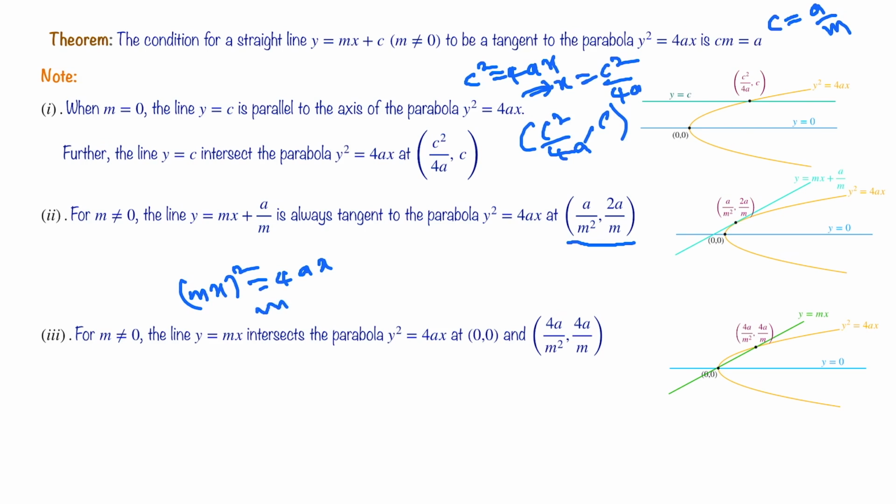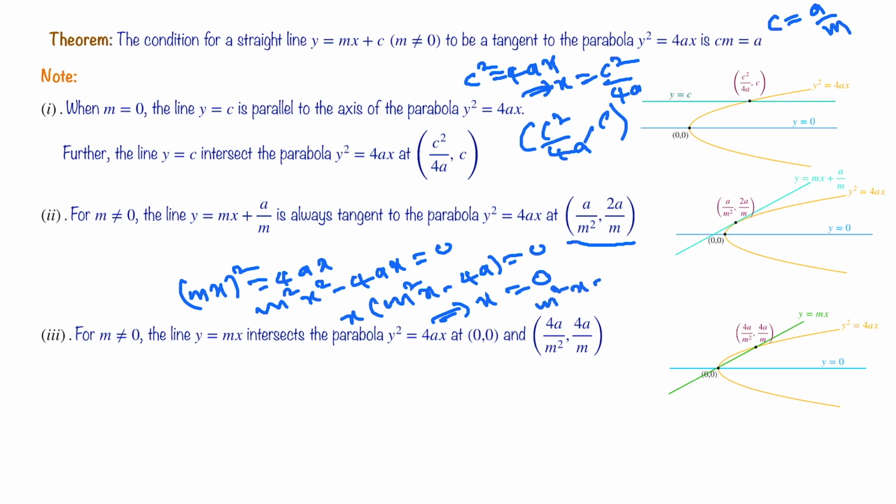We can write m square x square minus 4ax equal to 0. If you take x common, x times m square x minus 4a equal to 0. That means x equal to 0 or m square x minus 4a equal to 0, which implies x equal to 4a by m square.